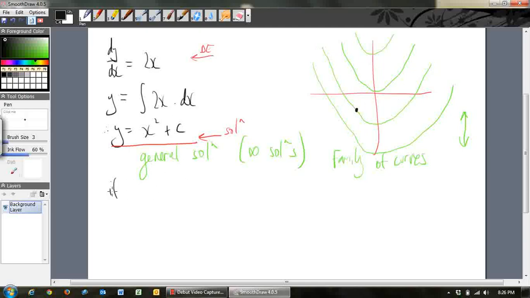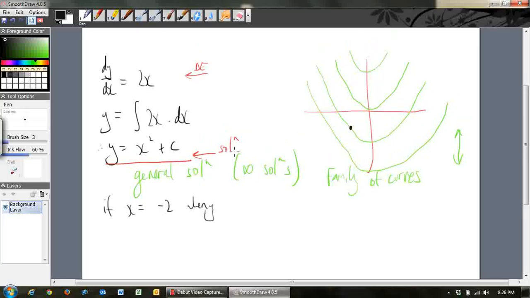It's a known point to us, so we can say something like, if x equals -2 when y is equal to -1, that point there, then we can substitute that into our solution and we'll get a particular solution. In other words, we can find the value of c.